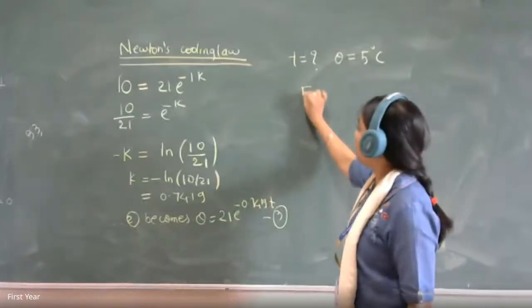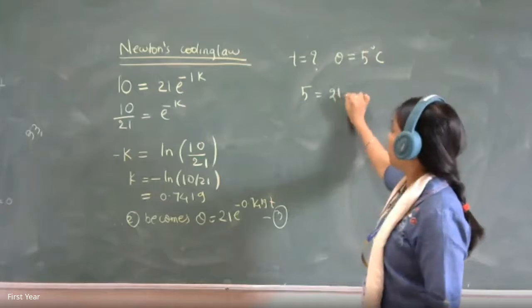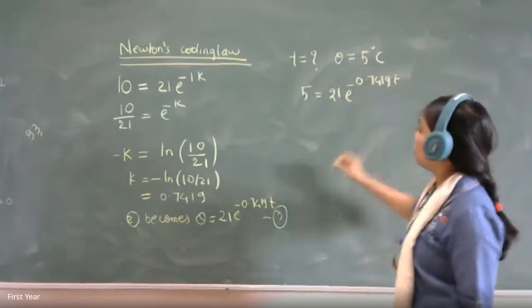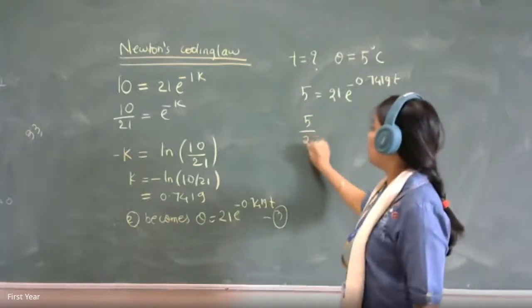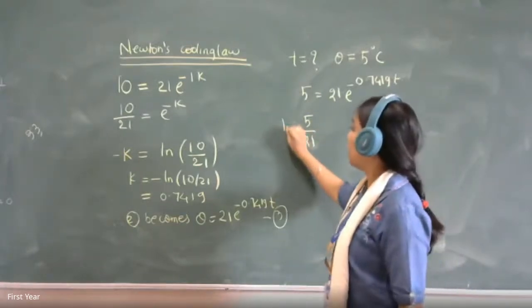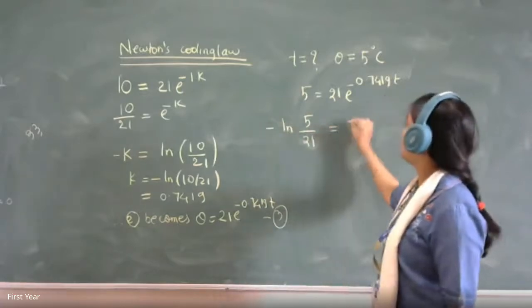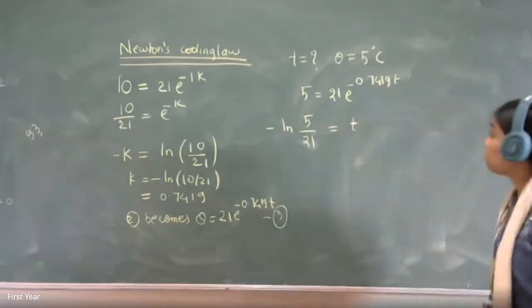Yes, ma'am. So what do we do? 5 is equal to 21 e raised to minus 0.7419 into t. So 5 by 21, I'll write directly, ln with a minus sign is equal to t. One more thing is there.